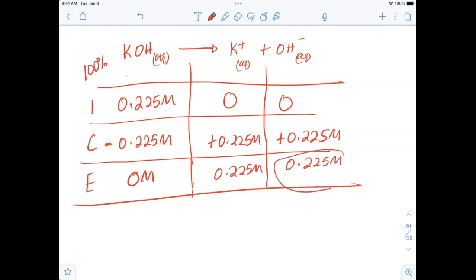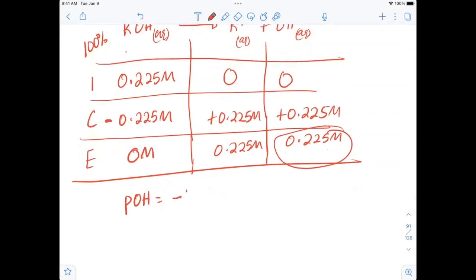Okay, so this ion is the one that indirectly gives us the pH, right? We can find the pOH directly though. We're going to take negative log base 10 of 0.225. Let me plug this here. Negative log of 0.225, close parentheses.